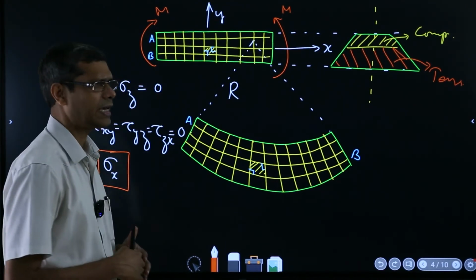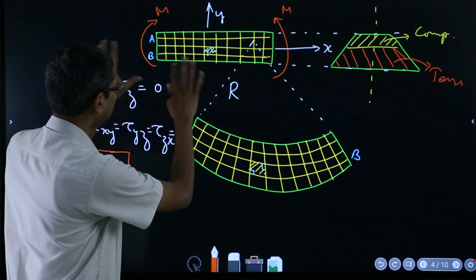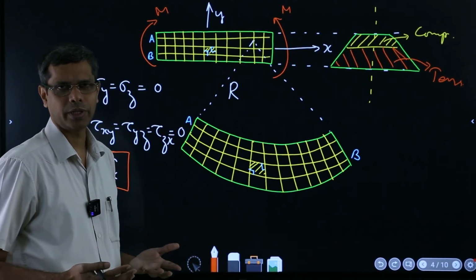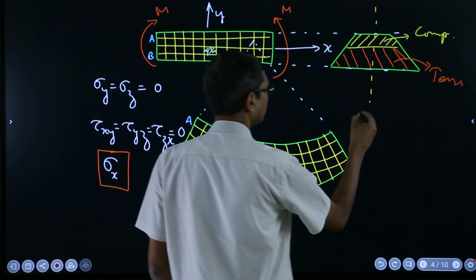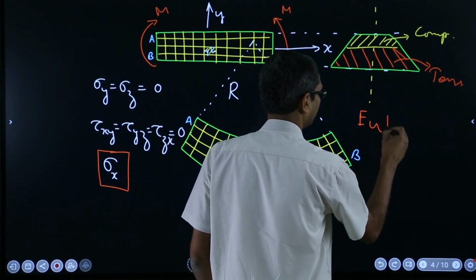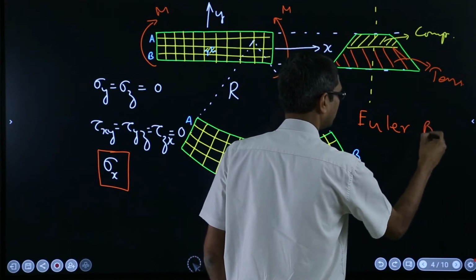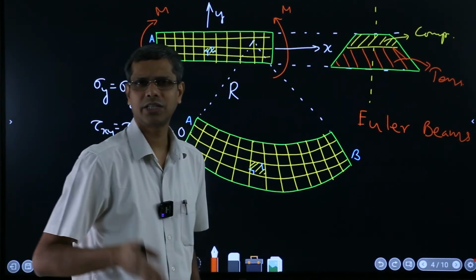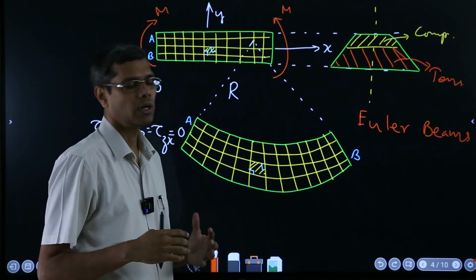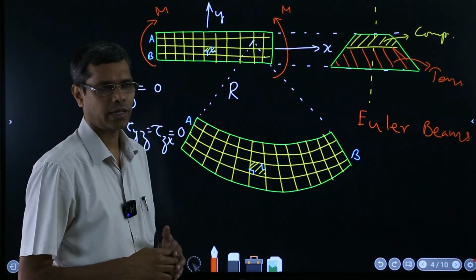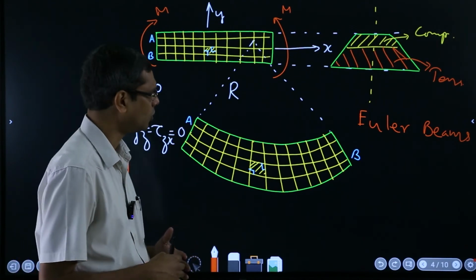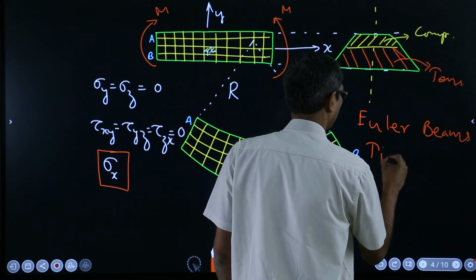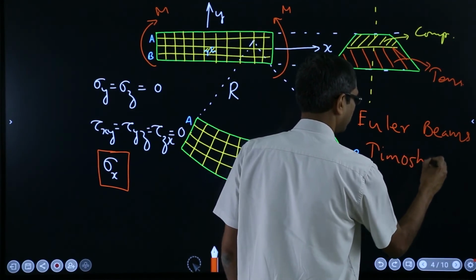There are two different names which are being used. These conditions, when they prevail in a beam, are called the Euler beam. And when the shear stresses also are significant, so that you cannot neglect them anymore, then those beams will be called Timoshenko beams.